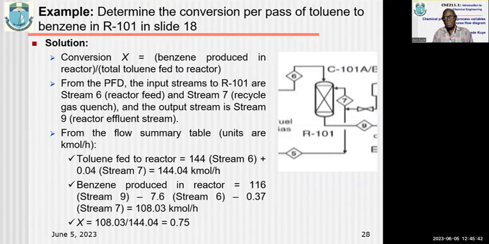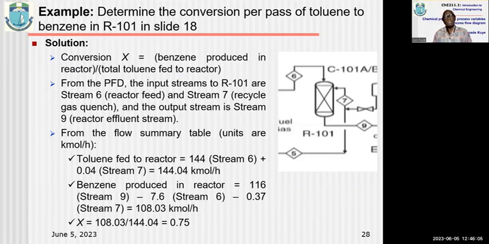So let's do a simple example, even looking at the same slide, that benzene. The conversion of toluene. What we're saying here is: determine the conversion per pass of toluene to benzene in R101.